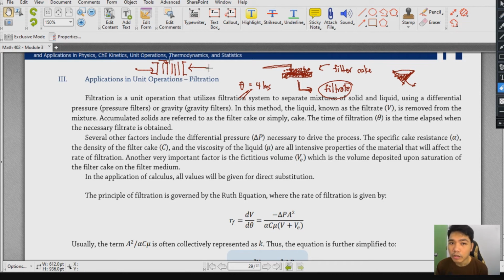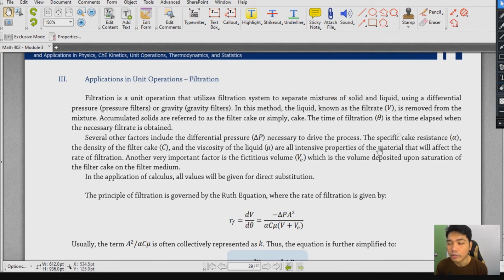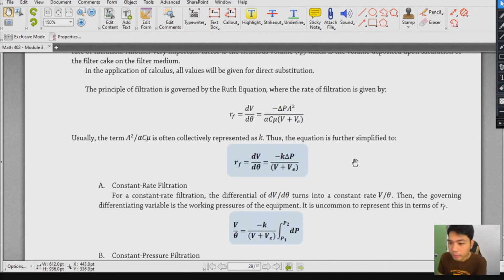The next concept that we have to understand here is the formula. So the formula for finding the rate of filtration is given by the Ruth equation. So ito yun. And then the RF is equal to the filtrate, the amount of filtrate being collected per unit time.